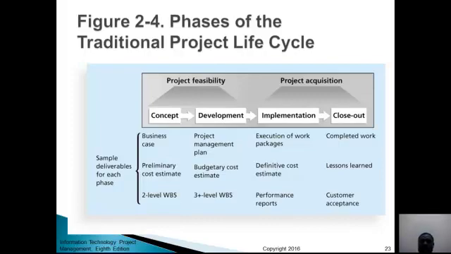Under the implementation stage, execution of project packages. That is all because in the project plan, you should have timelines, how each phase will be completed. Okay? Who will be involved in each phase. That forms the plan. So under the implementation, you now go ahead and execute the work. So, execution of work packages. Here you come out with definitive cost.